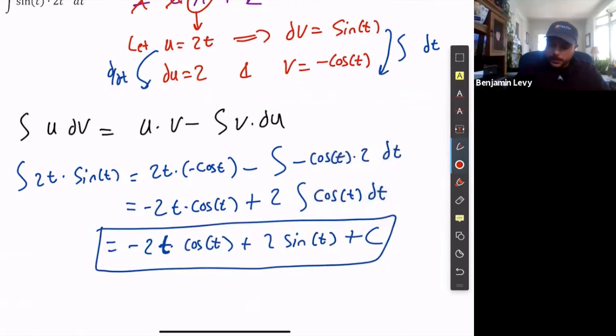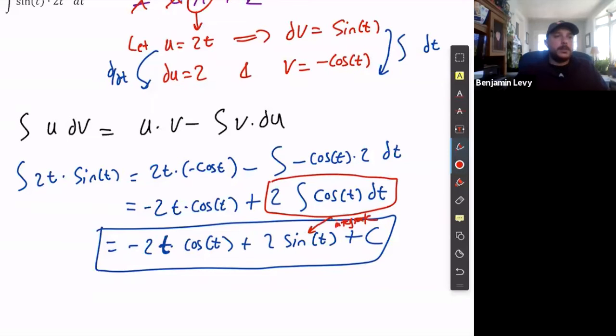This tells you right here to integrate. When you've got something sandwiched between the integral sign and dt, that means do the integral. Yep. And that's where the plus c comes from, right? Because it's an indefinite integral, and so you get the plus c from that piece.